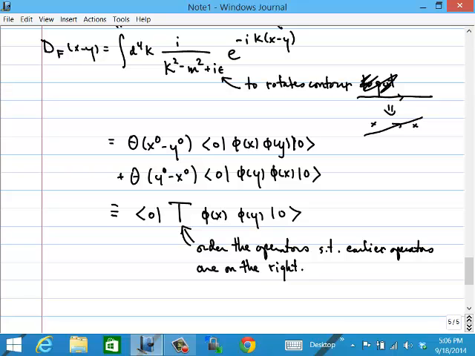So far we've just been working with these propagators in position space. But you can see that they all will take a form that's going to be very simple in momentum space because they all have those integrals e to the i k x appearing. So we will often like to work in momentum space.